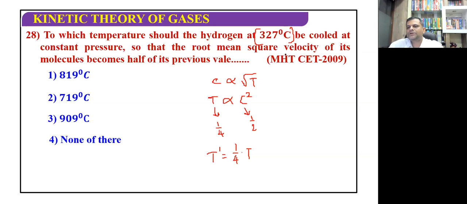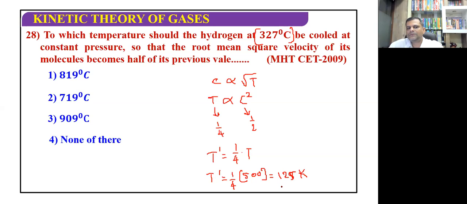See here, which has to be converted into Kelvin. So what must be T dash then? 1/4 of T, where T is going to be 327 plus 273, which becomes 500 actually. So here it is 500. And if we just divide this 500 by 4, it comes out to be 125. But this 125 is again in Kelvin.